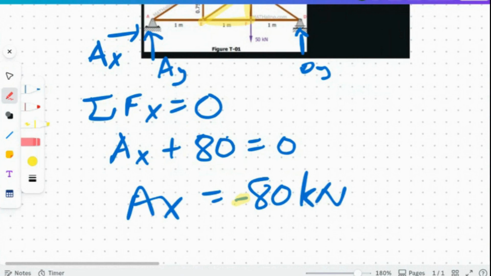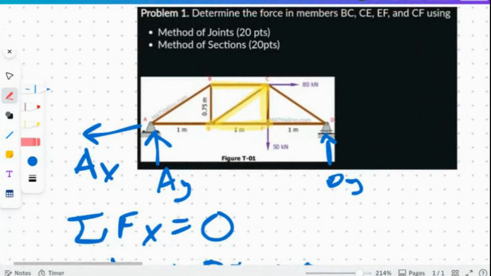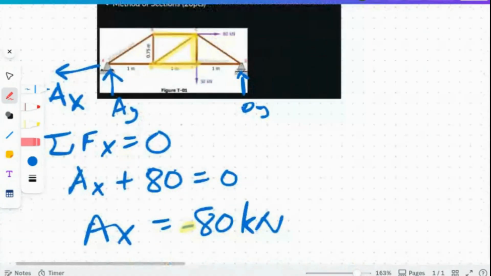It means that our first assumption for the direction of our force AX is opposite. So instead of going to the right, AX should be going to the left. That makes sense, right? Because your applied force is 80 going to the right. So to balance out your structure, you have an opposite and equal reaction AX going to the left.